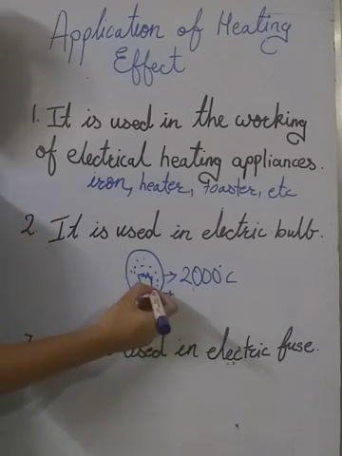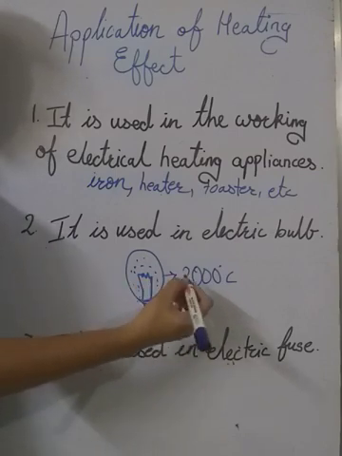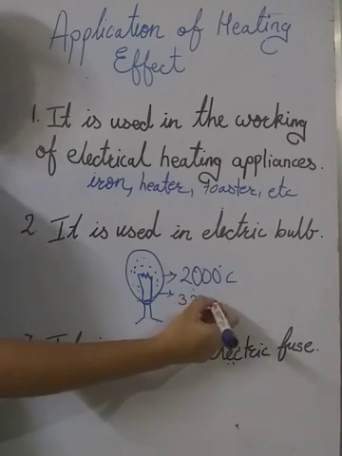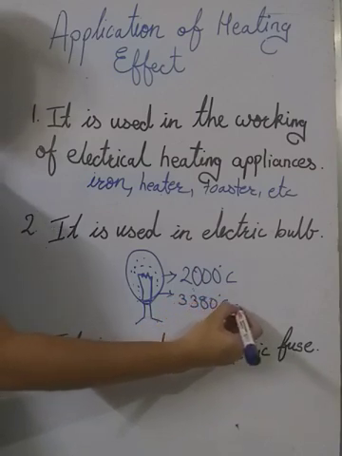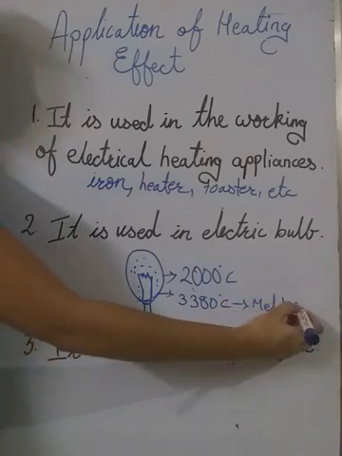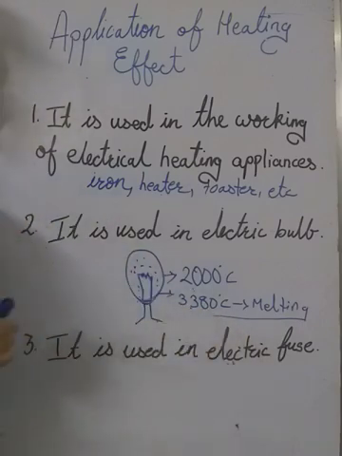The temperature which this tungsten wire can bear, after which it starts melting, is about 3380 degrees Celsius. So it can bear this much high temperature.